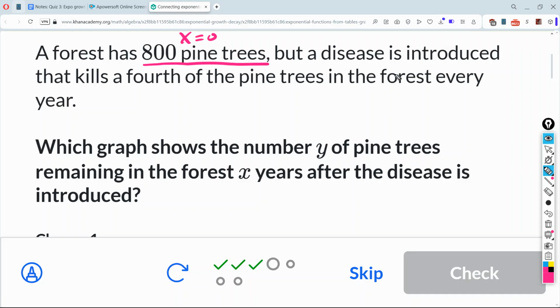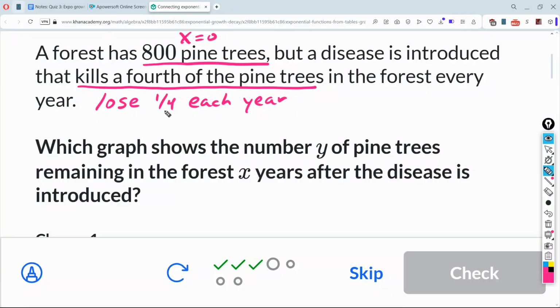And since it kills a fourth of the pine trees, what exactly happens? Well, you're going to lose 1/4 each year.